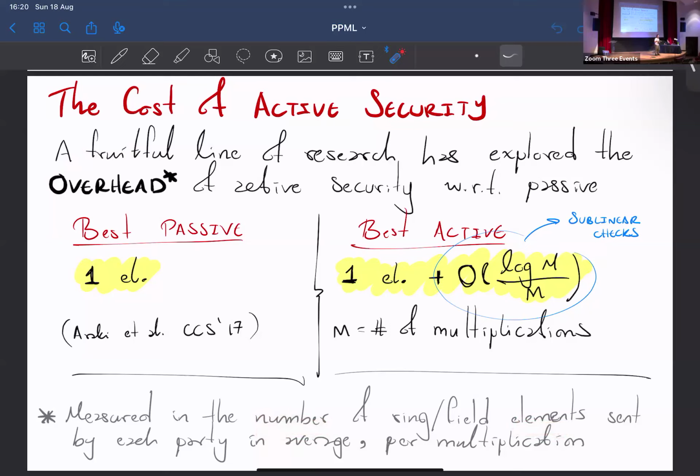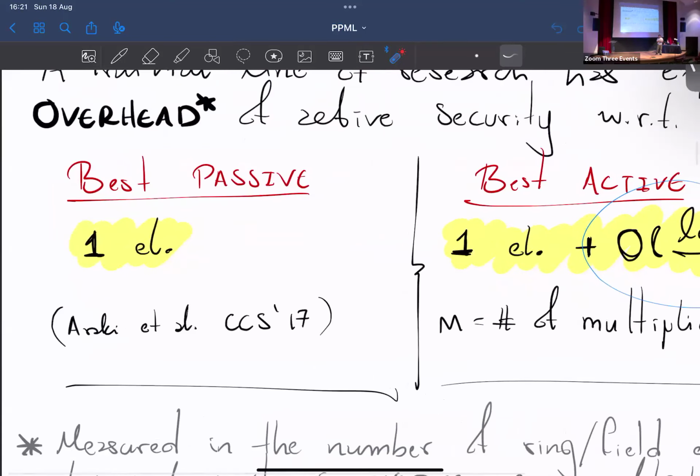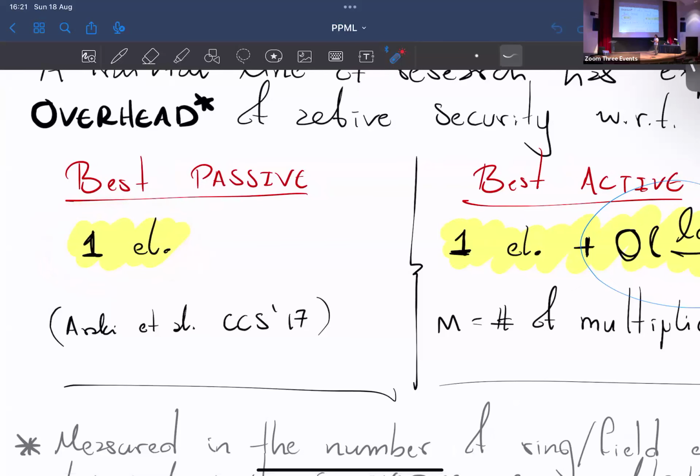That's a good measure of efficiency. In contrast to Nishant's talk, in this type of secret-sharing-based constructions, it is very common that the bottleneck is communication. So this is a good representation of the efficiency. Okay, and if we take the best passive protocol, it's going to take one element per party, per multiplication. For every multiplication I want to do, I just need to send one ring element or one field element.